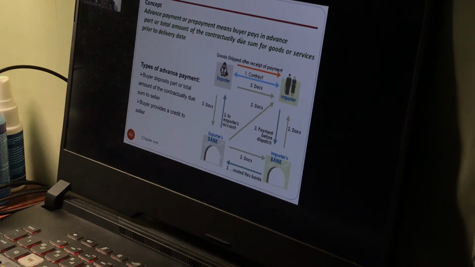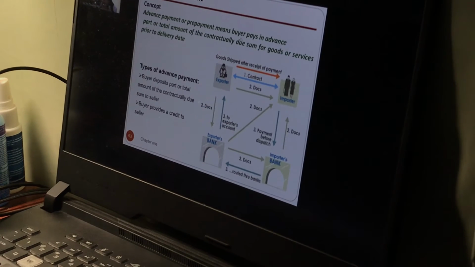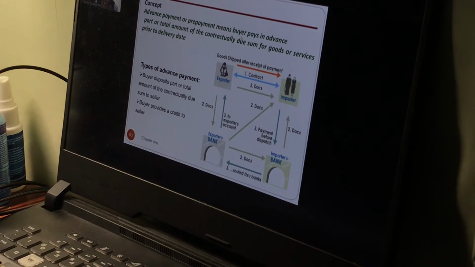But the buyer has to pay on 5th of May, 10 days before the time you ship the goods. That is advance payment.